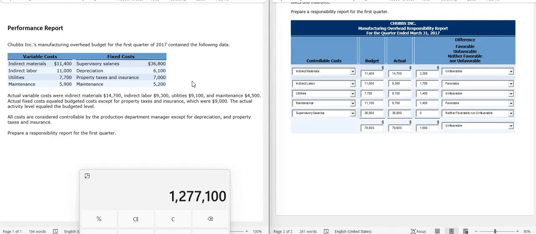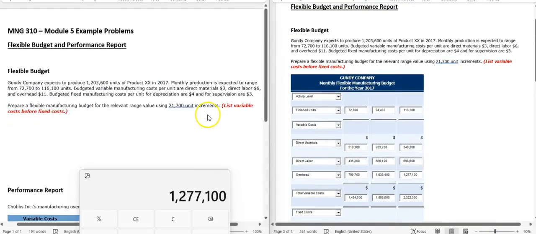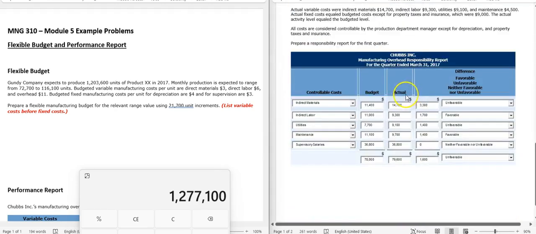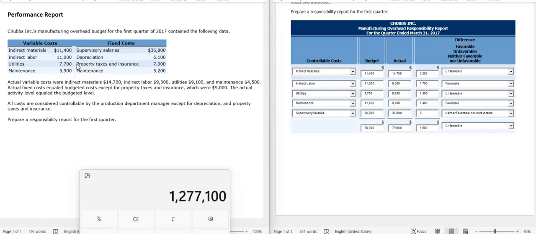In that prior problem we learned how to flex a budget. We took a budget based off of one particular level of activity and flexed it to varying levels of activity. In this problem we are now going to take the flexible budget and compare it to the actual results.